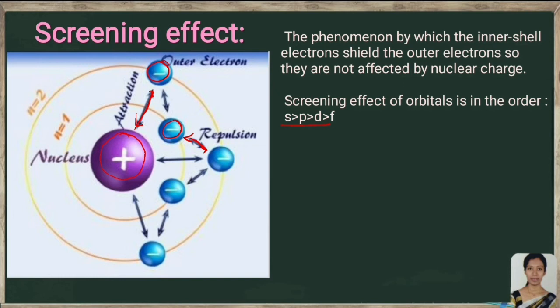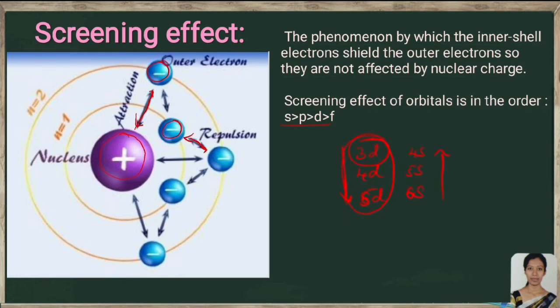Now we need to apply this effect to the d block elements. We have the 3d orbital and 4s orbital, 4d orbital and 5s orbital, and 5d orbital and 6s orbital. As we go down the group from 3d to 4d, 4d to 5d, there will be addition of one extra orbital.